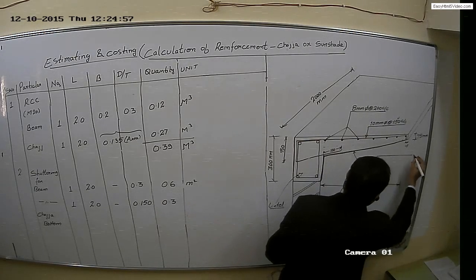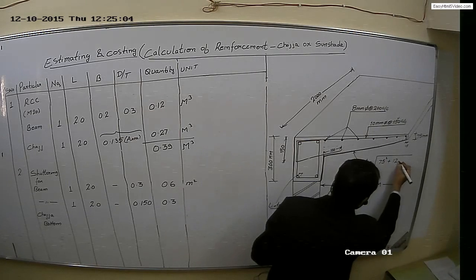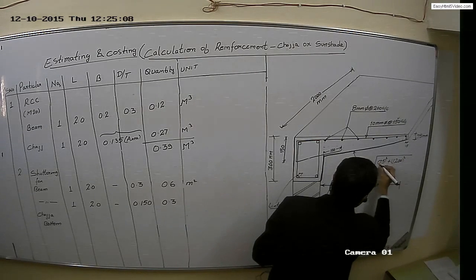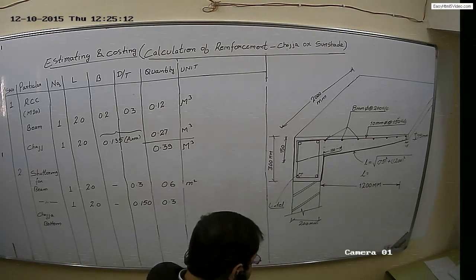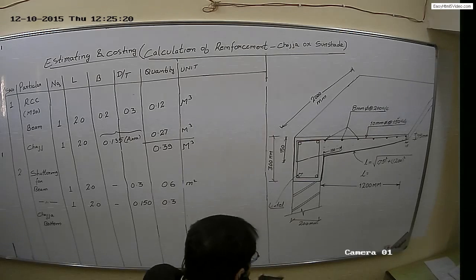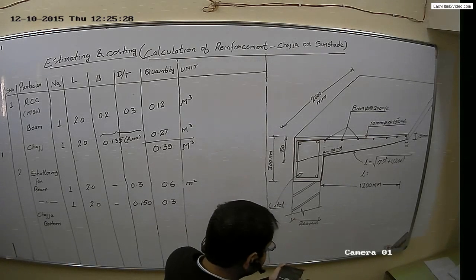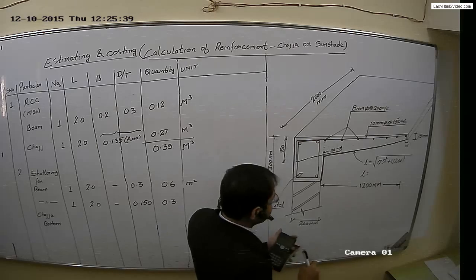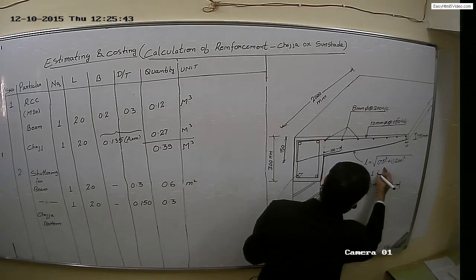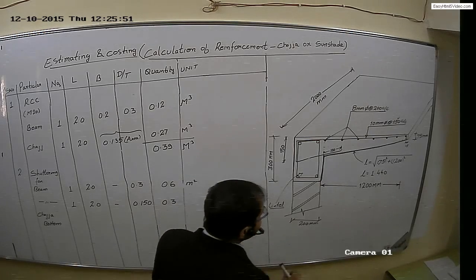So length will be calculated by applying Pythagoras theorem: 75 square plus 1200 square, you will get 1.440. Correct? This will be your length.